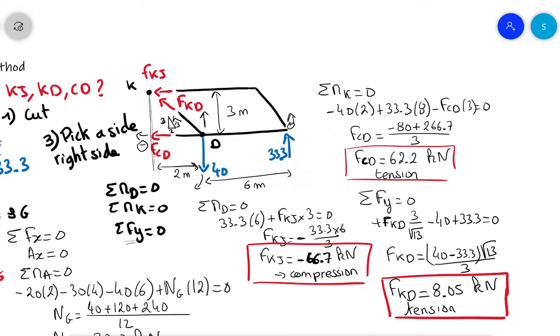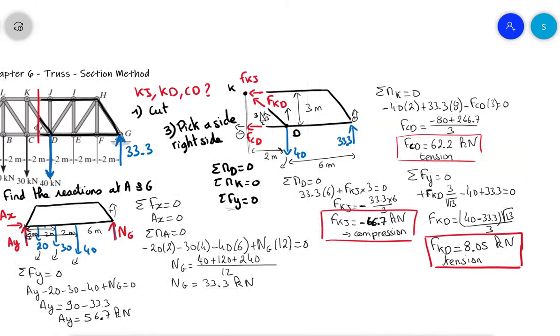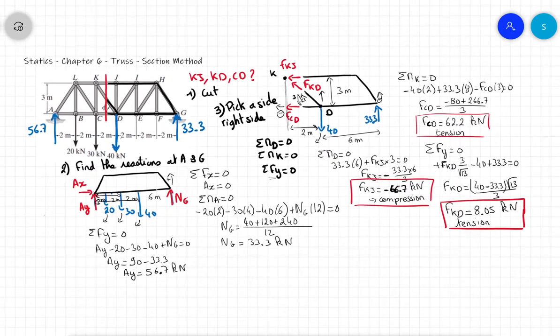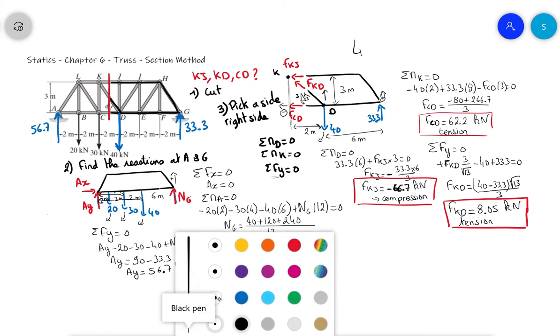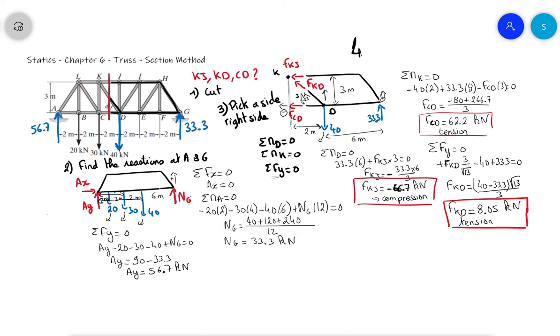So let's come back on our steps, what we did. I should write 4 free body diagrams and 5 equations of equilibrium.